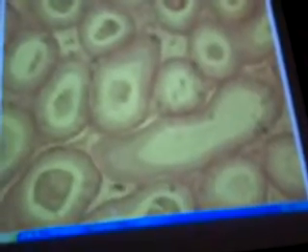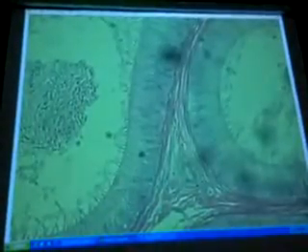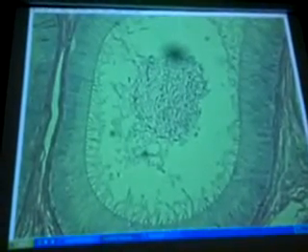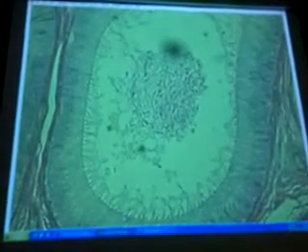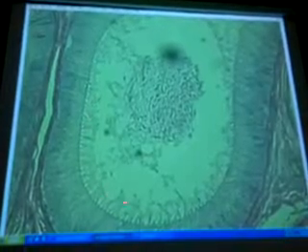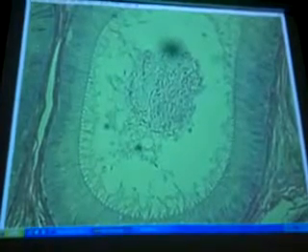I'm going to get a 400X to look at the epithelium. It looks like the same as before, some kind of pseudostratified columnar epithelium with stereocilia. Stereocilia seems to be the hallmark of the male duct system.